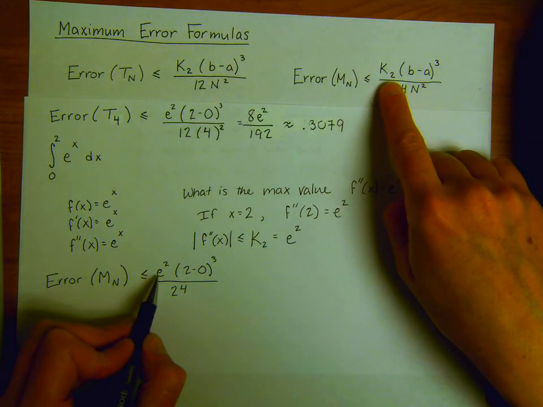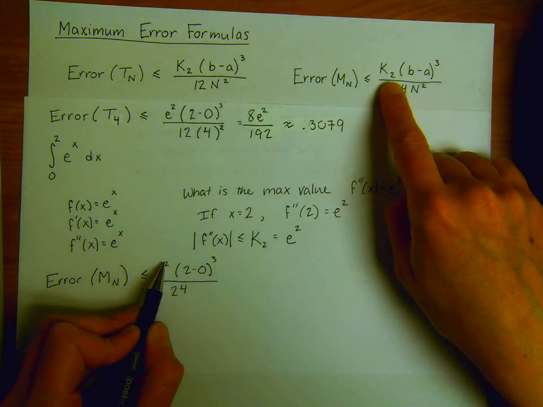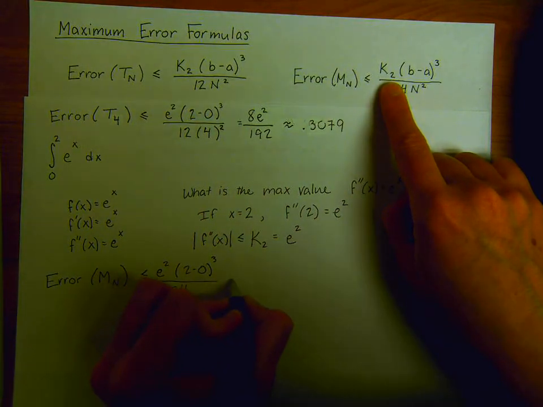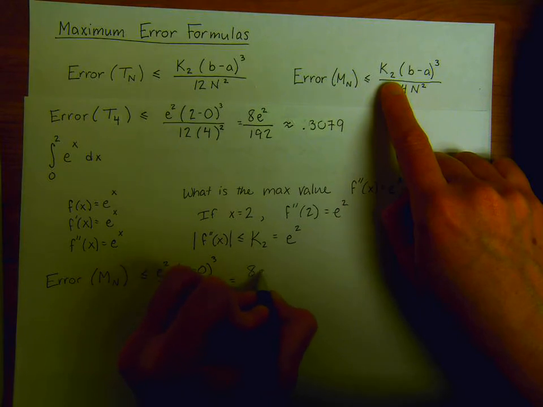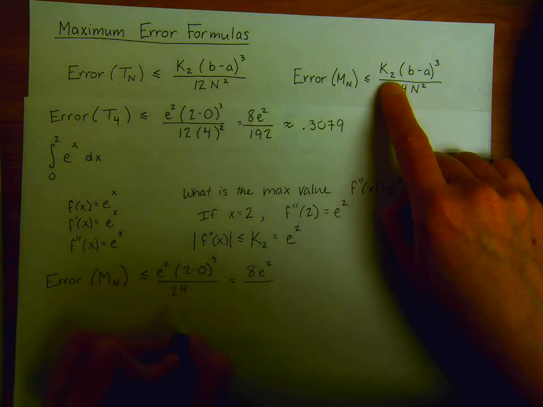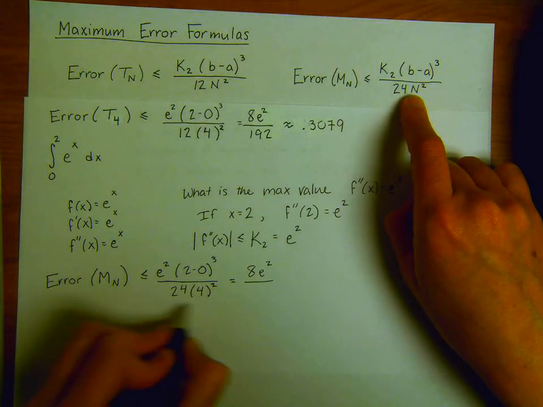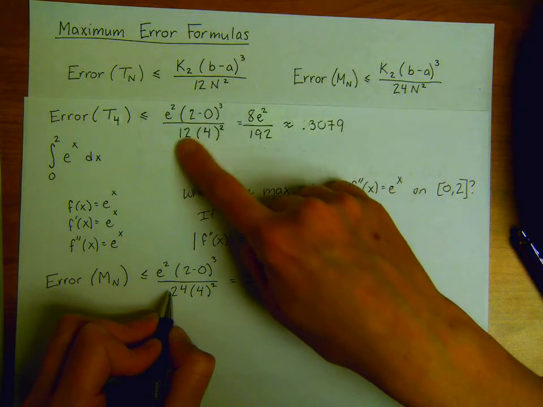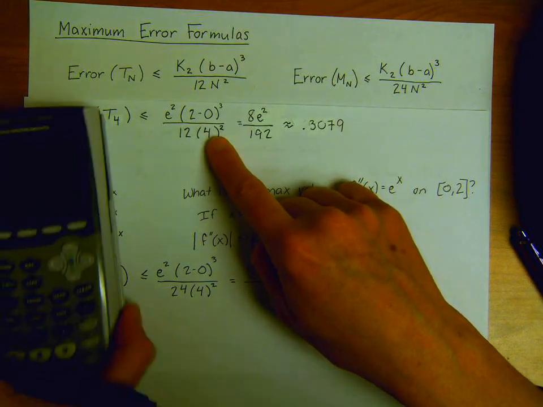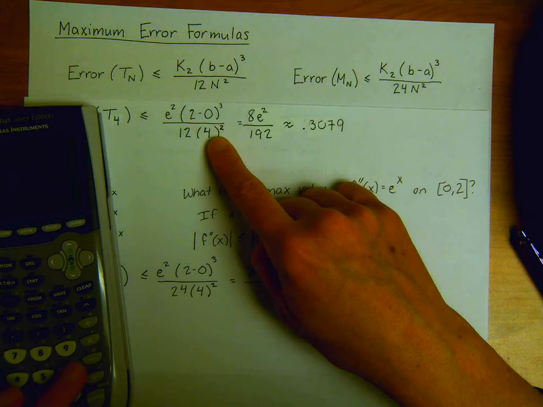Our values are the same. K2 is the same as it was before, e squared, the bound on my second derivative. This ends up being e squared times 2 to the third, which is 8e squared, divided by 24 times n squared, with n being 4. Notice that this denominator is twice as big as the trapezoid one: 12 times 16, whereas here we have 24 times 16.